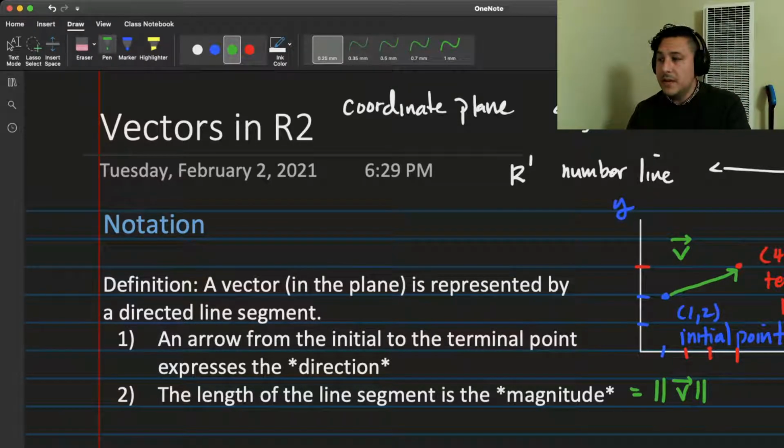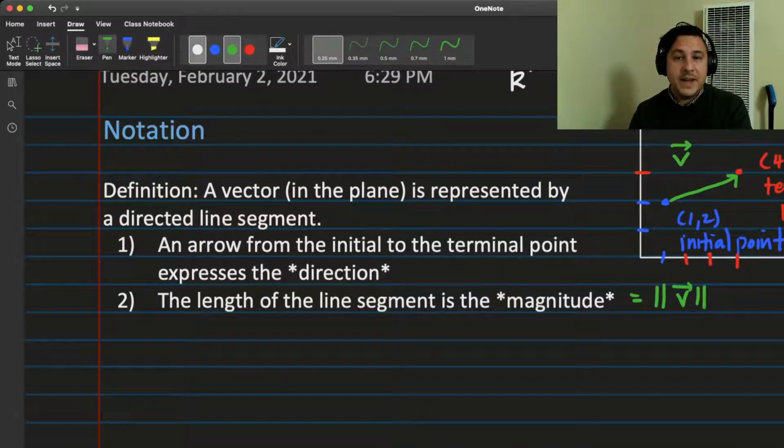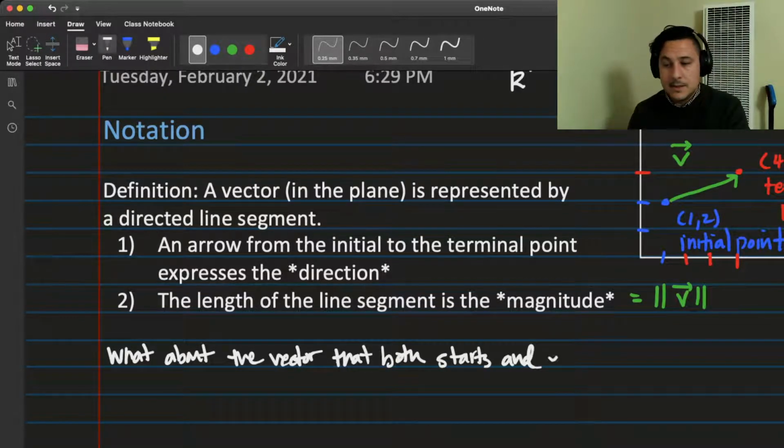You can have some very interesting vectors. What about the vector that both starts and ends at the same point?